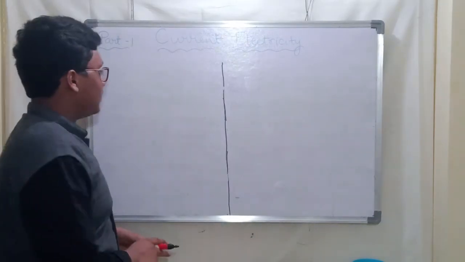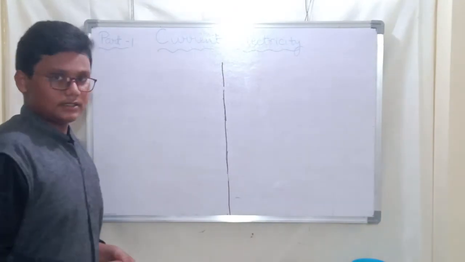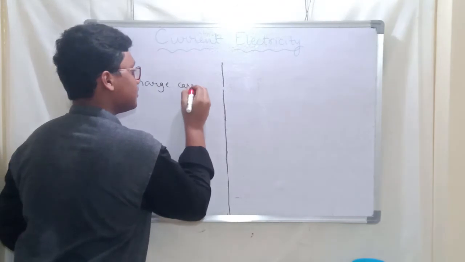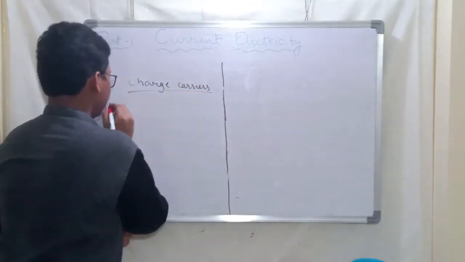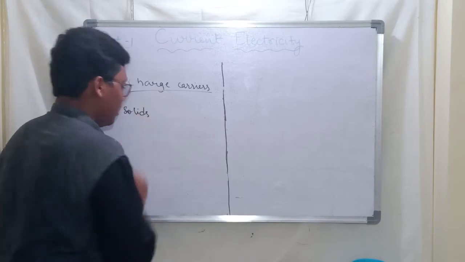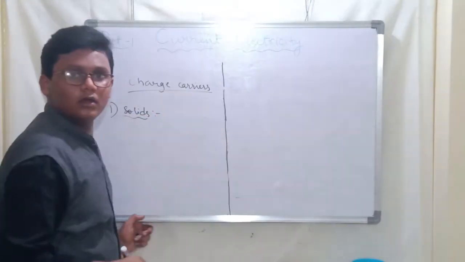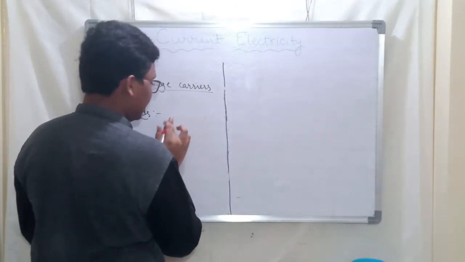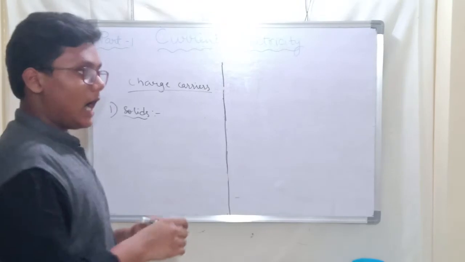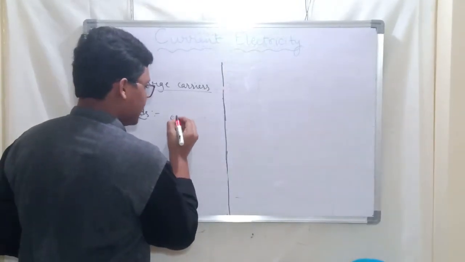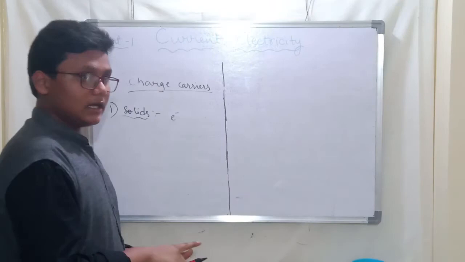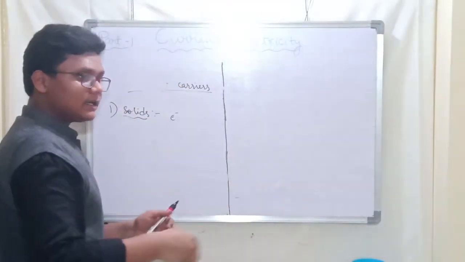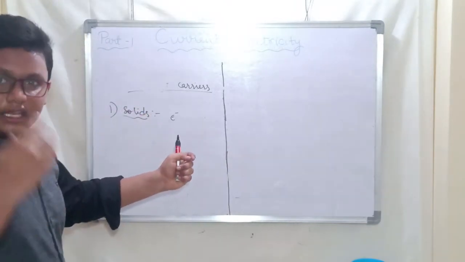And one more thing: charge carriers in solids. In solid conductors, the electrons are the charge carriers, current carriers, sorry, a small mistake.